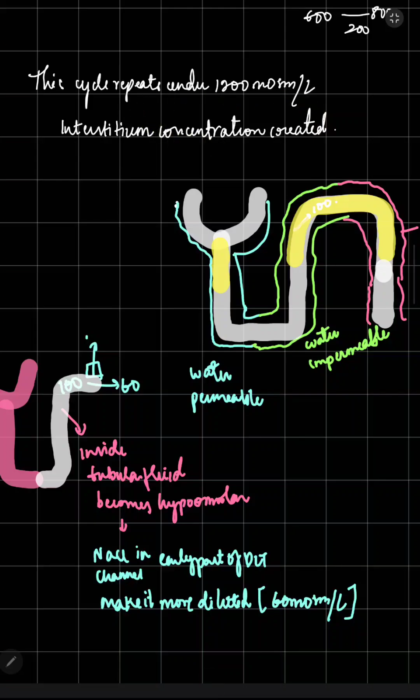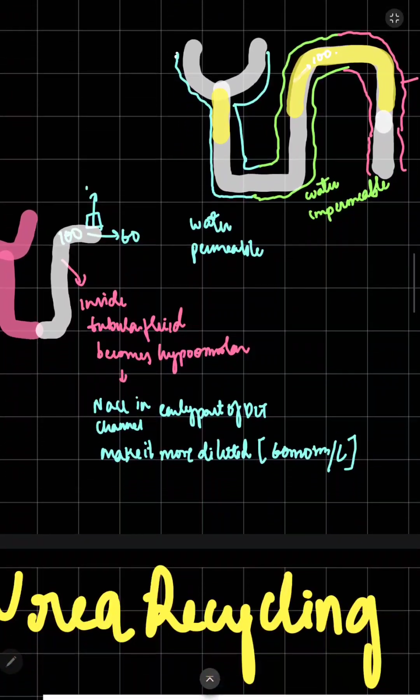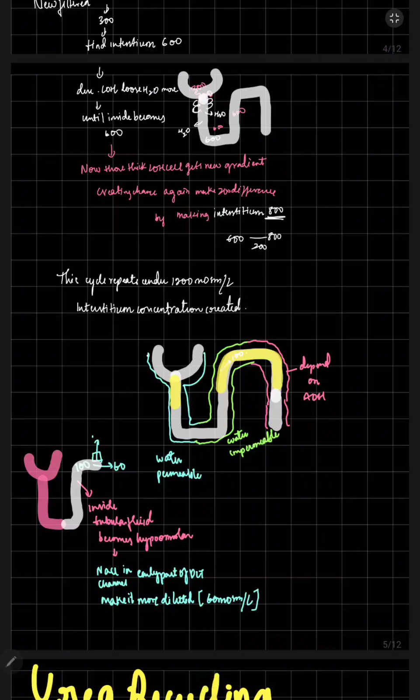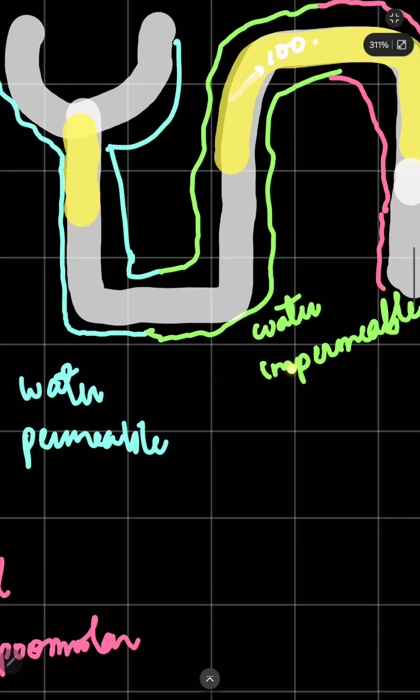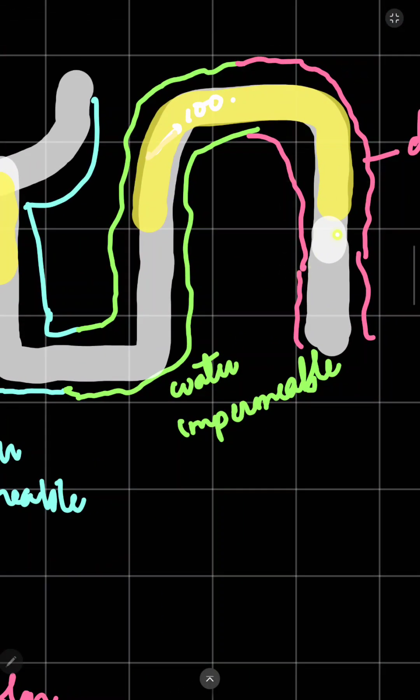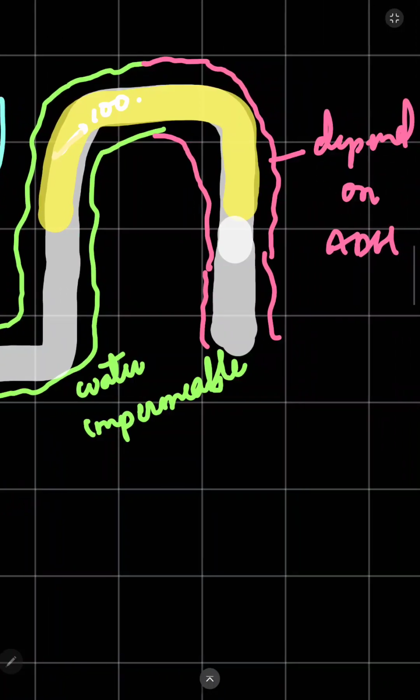All right, so what happens then, the fluid which is present here is very much diluted, and just for information, this part is water impermeable. This green color part is water permeable, and this green color part is water impermeable, and this part is dependent on ADH.